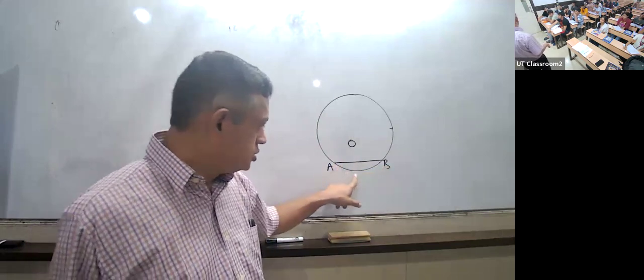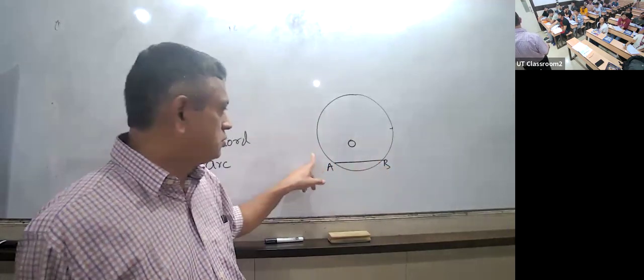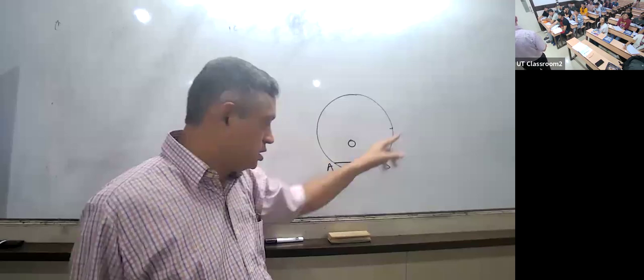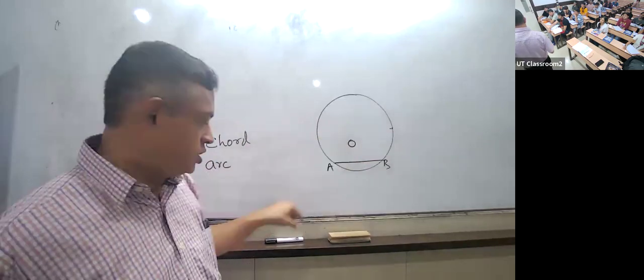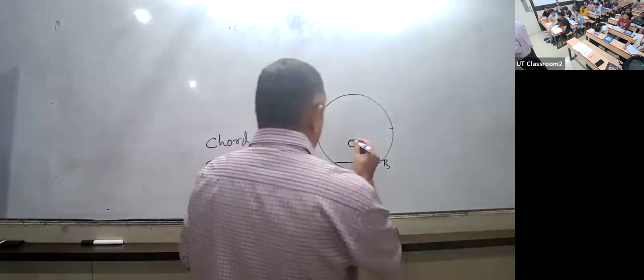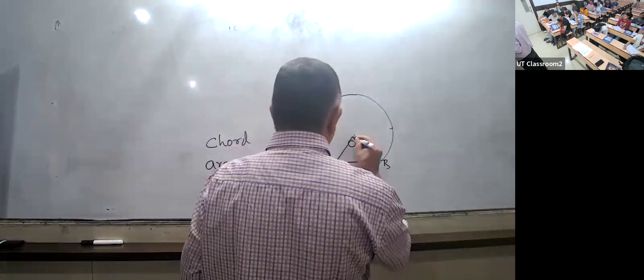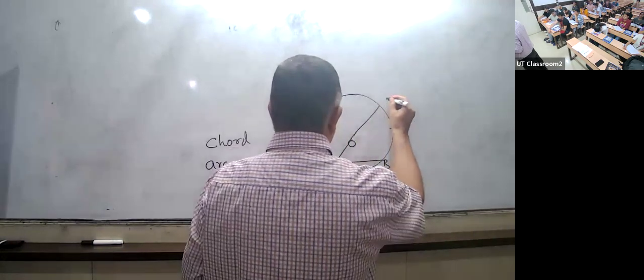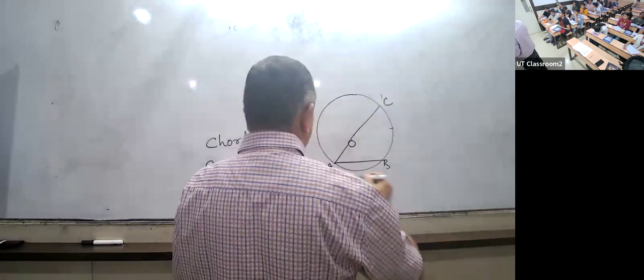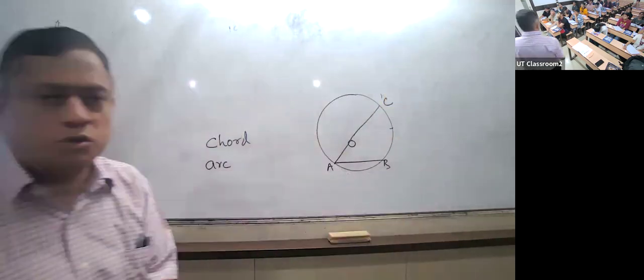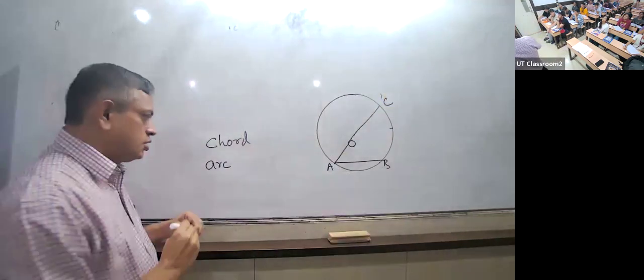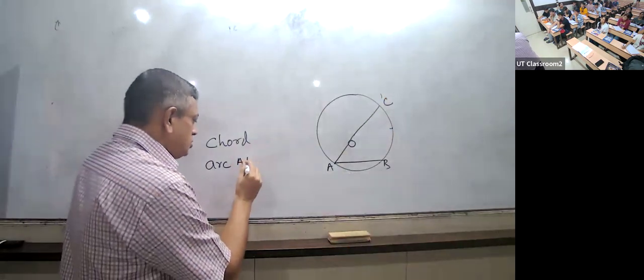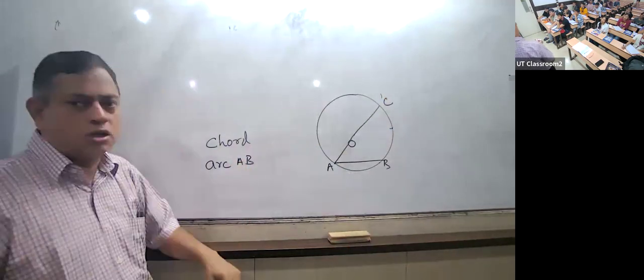The smaller one is called minor arc. The other one is called the major arc. Now if the division is equal, suppose the center is over here and I join, see, this part and this part are equal, then both parts are called semicircle.